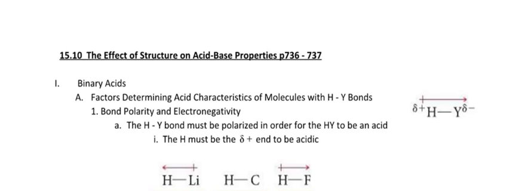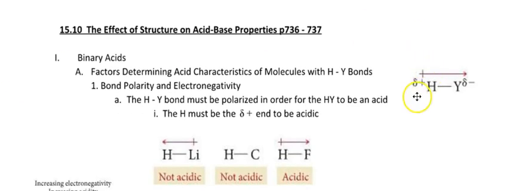So if you have a binary acid, the factors that determine the acid characteristics are bond polarity and electronegativity. If you look at these different examples, here is your partial positive, here's your partial negative. The more polar it is, the more electronegative the other element is, the weaker this bond is, and it becomes more and more ionic-like.